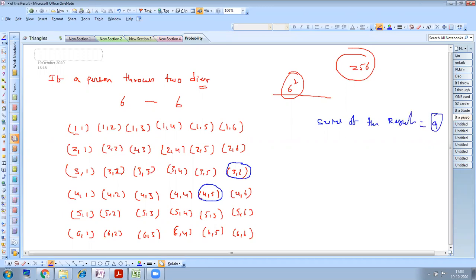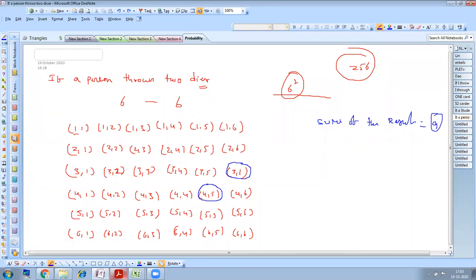You are saying 7 possibilities are there, correct? With 1, no chance, correct? With 2 also no chance. With 3 there is a chance.